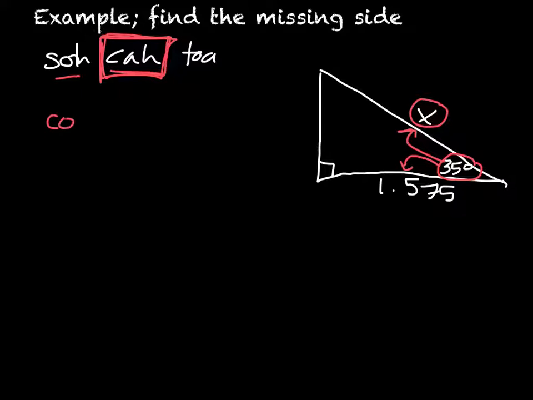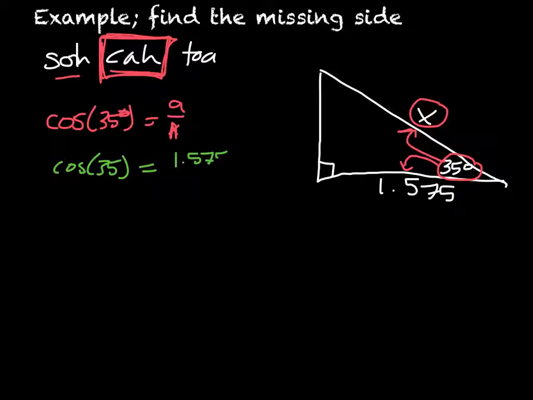So cosine of my angle measure, which is 35 degrees, is equal to my adjacent side over my hypotenuse. Okay, so cosine of 35 is equal to my adjacent side, which is 1.575, over my hypotenuse, which is x.